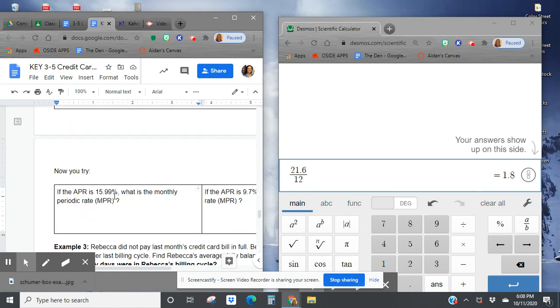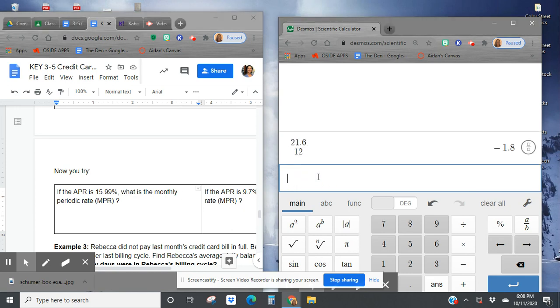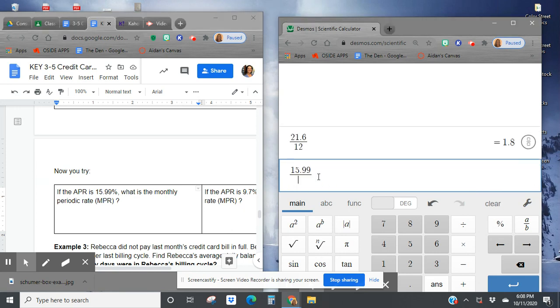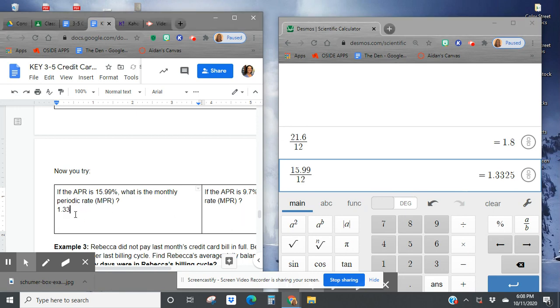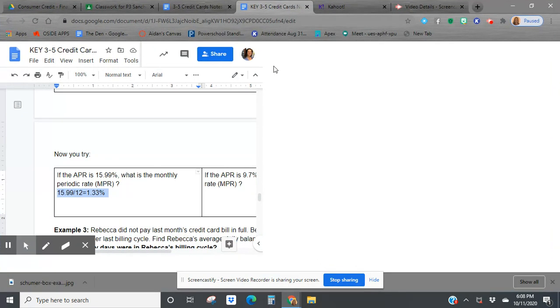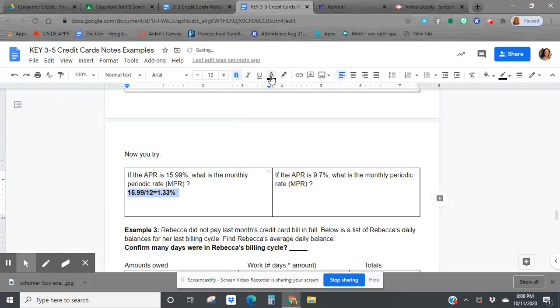If the APR is 15.99, what's the MPR? 15.99 divided by 12, 1.33%. And then what if your APR was 9.7%? What is your MPR?